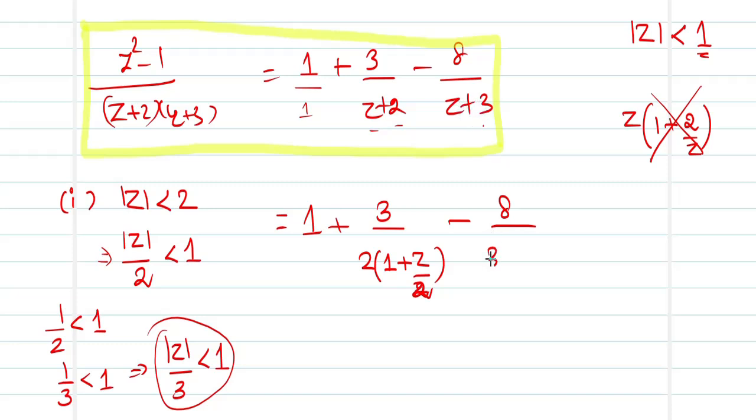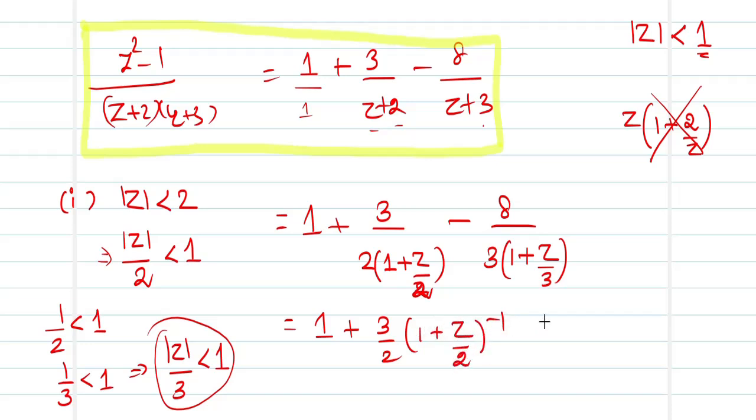I will have to pull 3 outside. So this gives me 1 plus z divided by 3. So now I have a z by 3 format. So I now rewrite this: take it to the numerator, 1 plus z divided by 2 the whole inverse, minus 8 by 3 times 1 plus z by 3 the whole inverse.